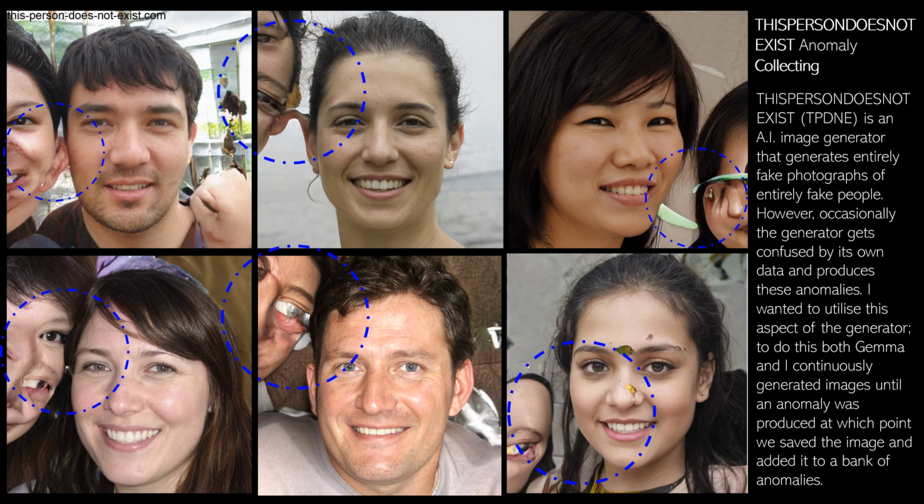For example, if it has a set of data which has a picture of two people in it, it can't register the idea of two people being in this one image. So the information gets confused and the generator produces these different anomalies, which I thought was really interesting. I was really interested in taking this idea of the AI being confused by its own data, and using this aspect of it to create something that could also be used to confuse it in other different ways.